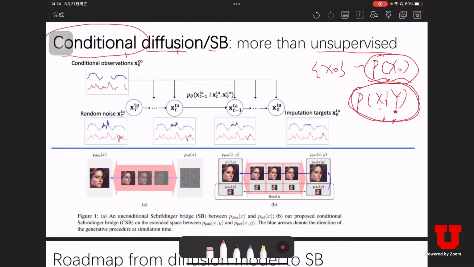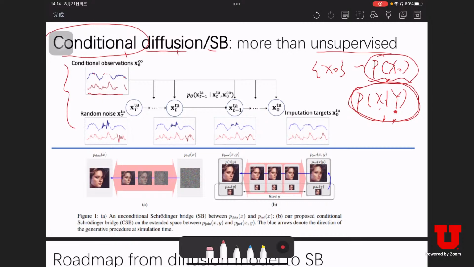And here I just give two examples of how it works. Here is a paper that uses conditional diffusion models to do time series imputation. The target is, given a time series with missing values, like here are the missing values we never know, but we know there are some observations like here, how do we impute or fill the missing values of this time series.